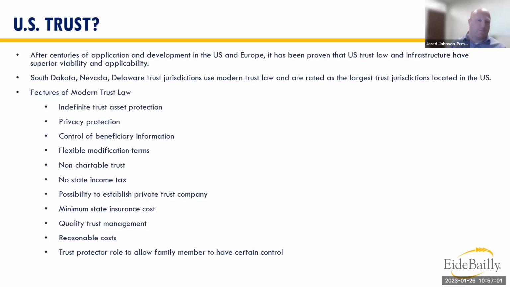You want to look at both sides before you set one up, but you can see all the benefits of having a U.S. trust here. Anyway, these 3 states are kind of the hotbeds of trust jurisdiction out there.